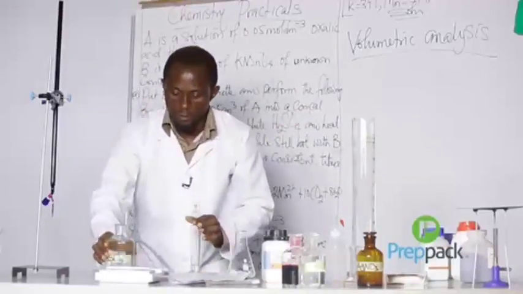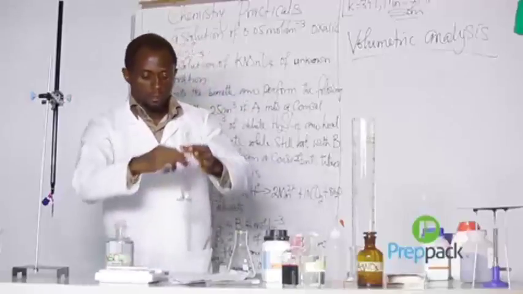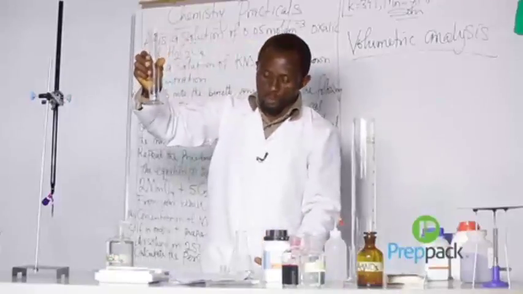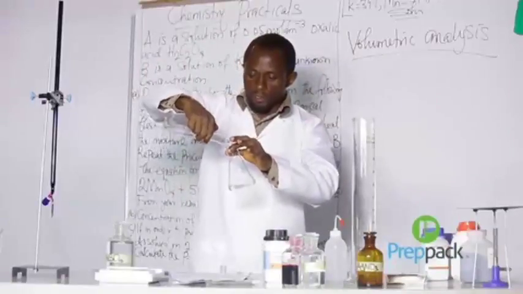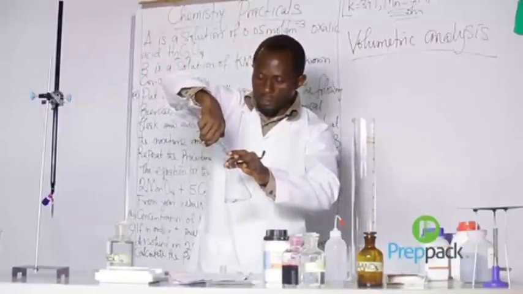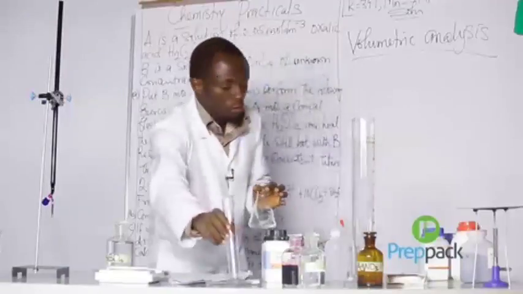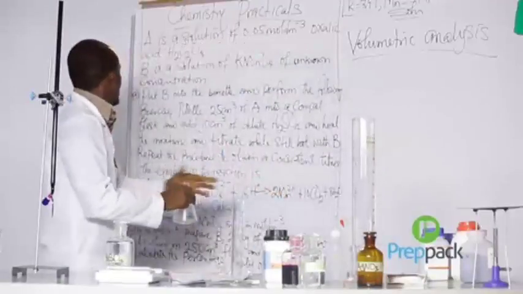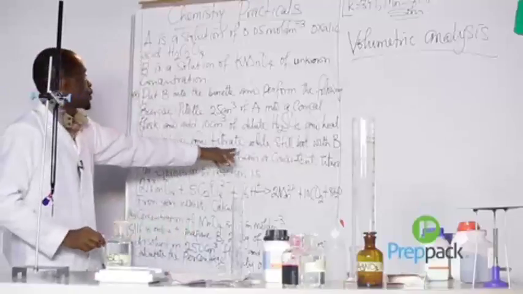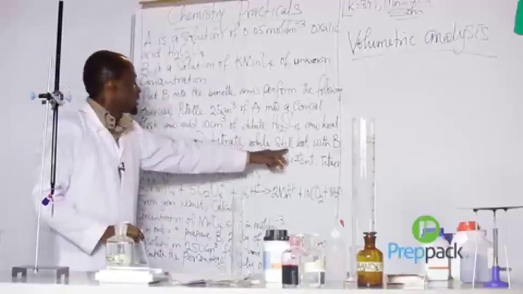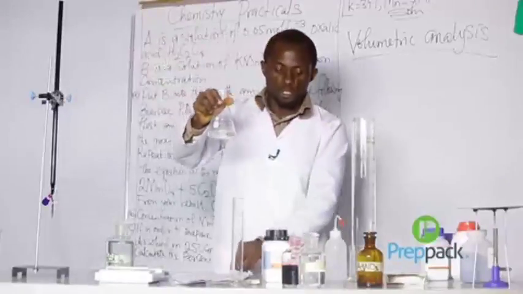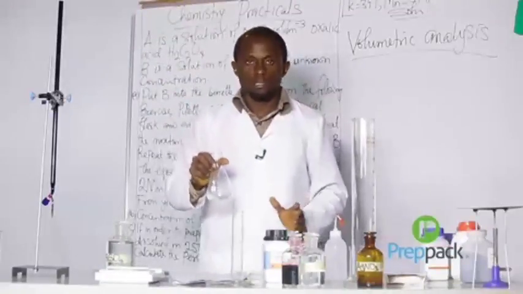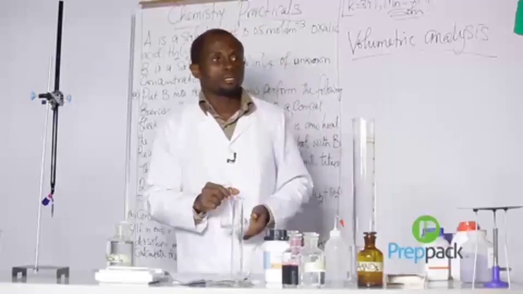All right. This is 10 cm cube of H2SO4 acidifying the oxalic acid. And the instruction says heat the mixture and titrate while still hot with B. That is, I need to heat the mixture to at least 40 to 60 degrees Celsius.